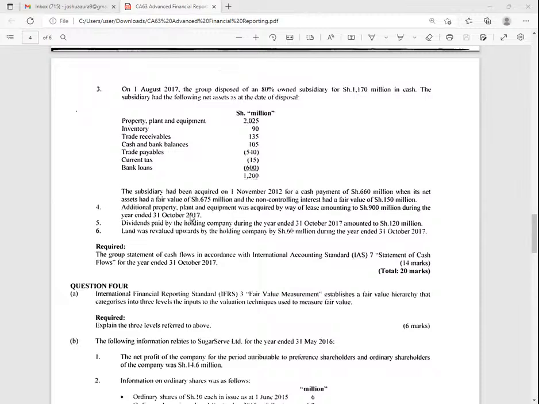Additional property, plant and equipment was acquired by way of lease amounting to 900 million during the year ended 31st October 2017. 5, dividends paid by the holding company during the year amounted to 120 million. 6, land was revalued upwards by the holding company by shilling 60 million during the year. So they want us to give them a group statement of cash flows in accordance with international accounting standards.